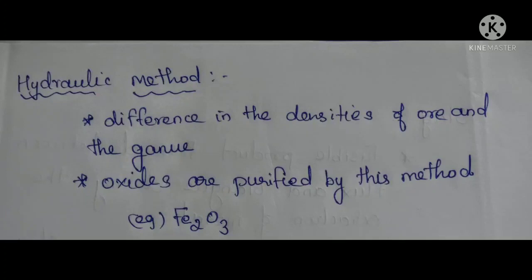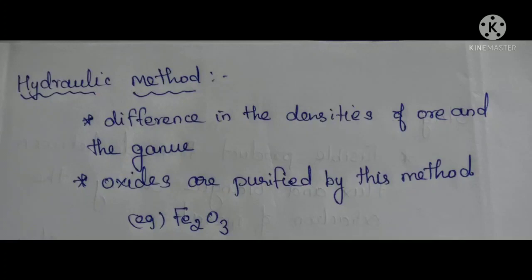See, mainly this method is used for oxide ores. This technique is used for the removal of impurities from oxide ores. Have you understood? The principle is what? Difference in the density between the ore and the gangue. And what types of ores can be concentrated by this method?